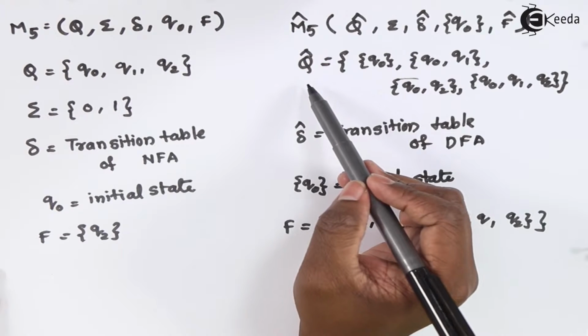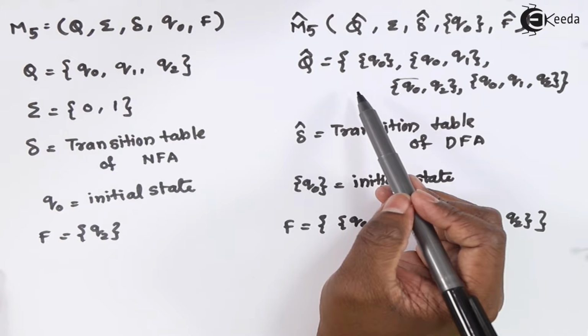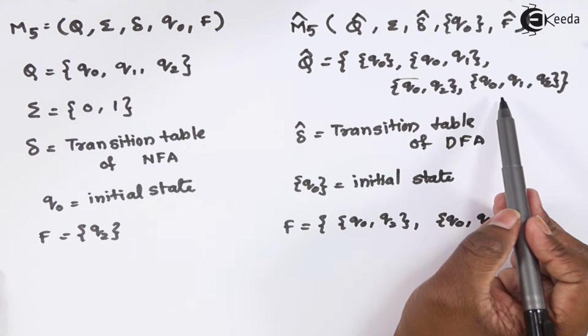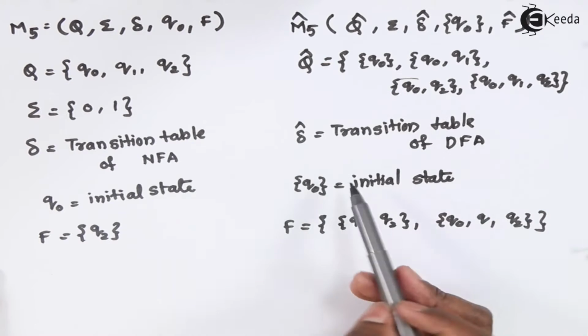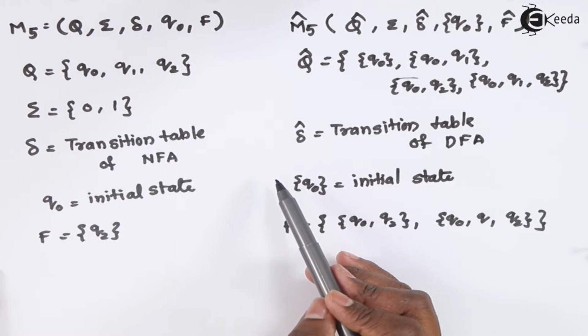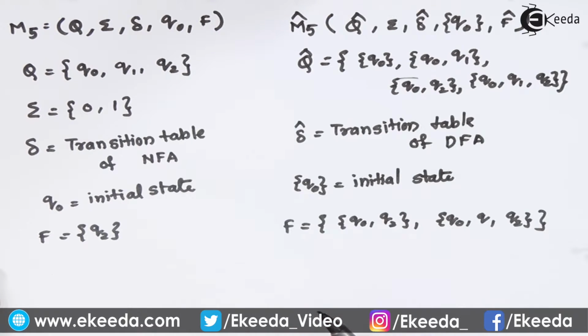Here Q cap is a set of states which are Q0, Q0 and Q1, Q0 and Q2, Q0, Q1 and Q2. Transition function delta cap is a transition table for the given DFA. The initial state is the set containing Q0 and the final set is the set of all states which contain Q2, because Q2 is the final state of the given NFA. Here it is Q0 and Q2, Q0, Q1 and Q2.